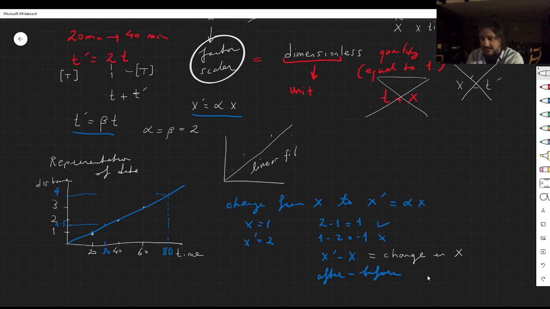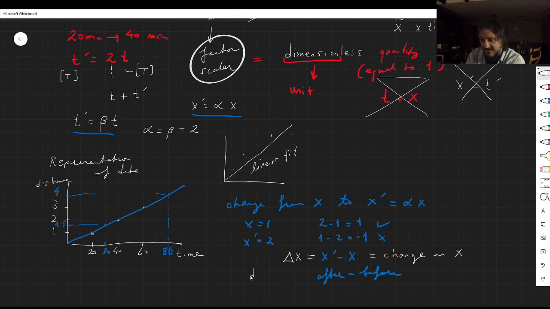And the change in x is too long to write. I want to abbreviate it to another letter, but I don't want to use a letter like y or z. I still want to keep the letter x in it. So I'm combining two letters: the Greek letter delta and the letter x together, calling it delta x.